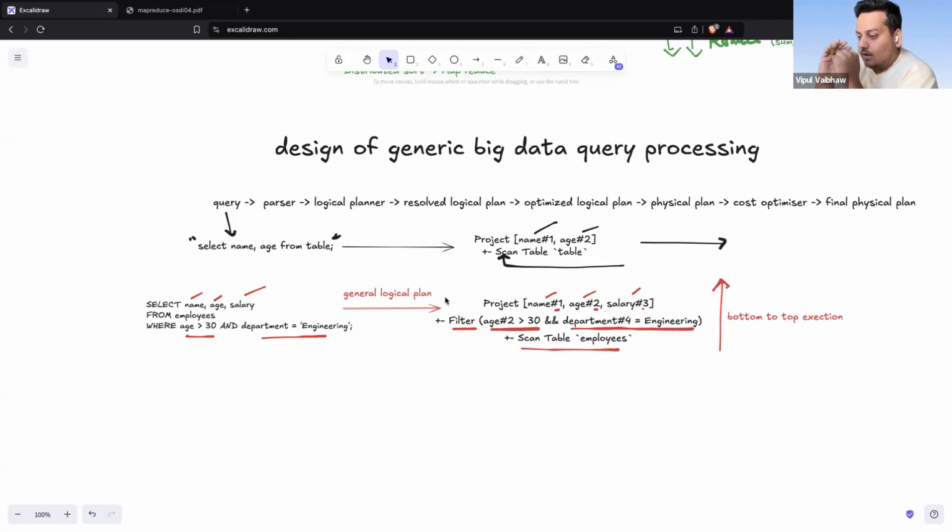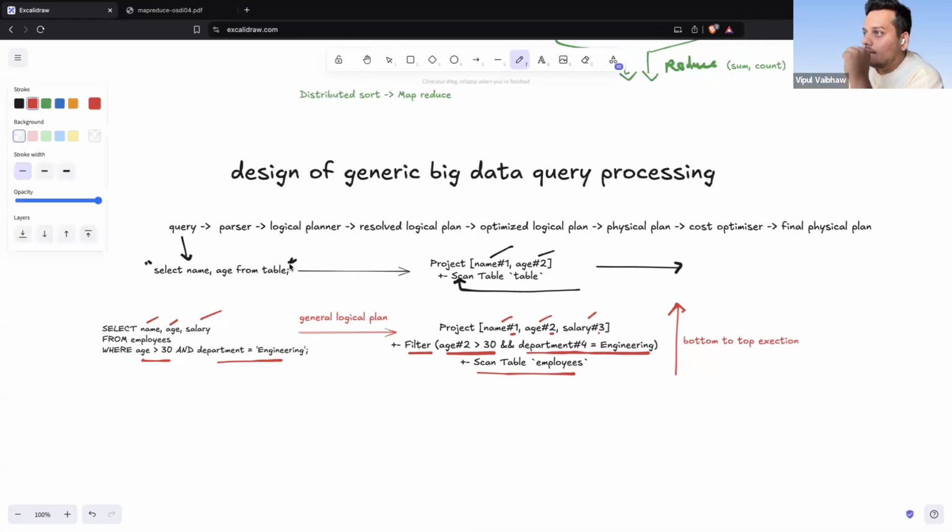All right. Now the question is how the plan will be executed. But before that, I want to talk about this step. This is a resolved logical plan. These are examples of resolved logical plans.